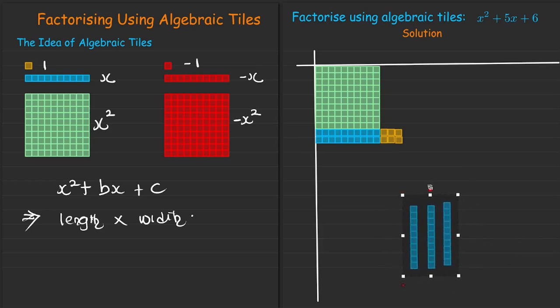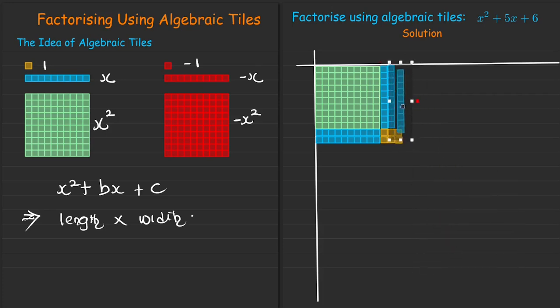So you pick one and bring it up here. You pick the other and also bring it up here. Then the final one, we are going to put up here as well. This fits into a rectangle.